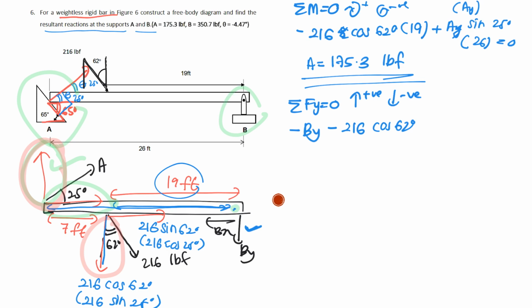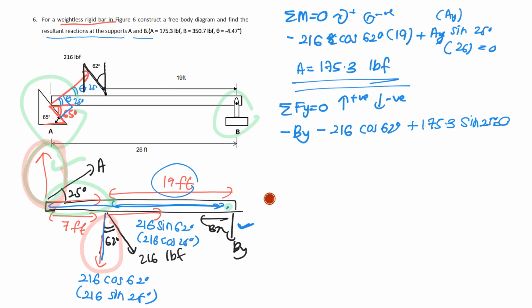So it's going to be plus 175.3 sine 25 degree equals to 0.